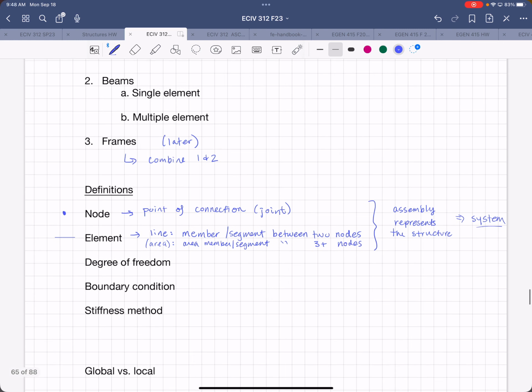A degree of freedom, we abbreviate as DOF. This is defined as node movement tied to deformation. So it's important that we specify it's tied to deformation because as we'll see later on when we look at visual analysis, there are scenarios where a node could theoretically move in ways that the structure cannot, and so it's not tied to deformation.